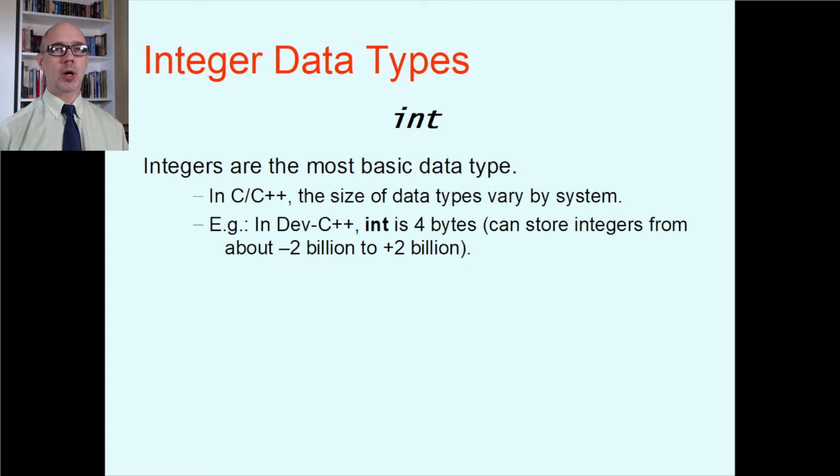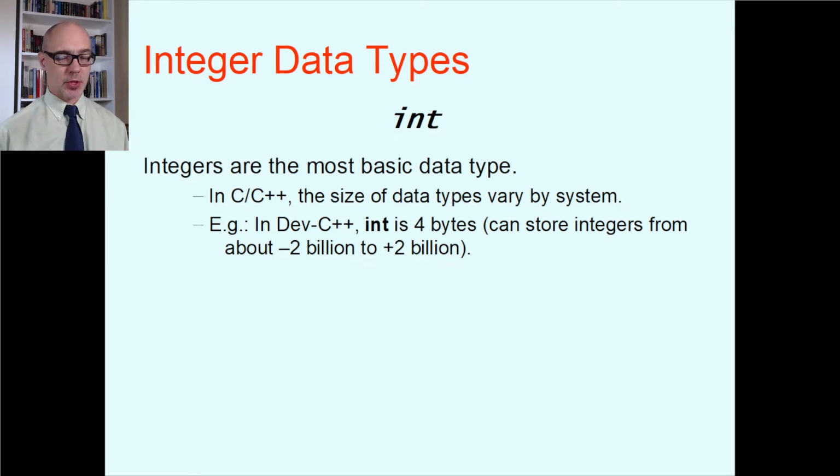So if you are working on some kind of microprocessor on an embedded device versus a smartphone versus a desktop versus maybe a supercomputer, however big the storage locations in the CPU are, and those are called registers, they're going to be smaller or larger, and C++ will generally try to make the integer type the same size. So it will vary between possibly different computers.